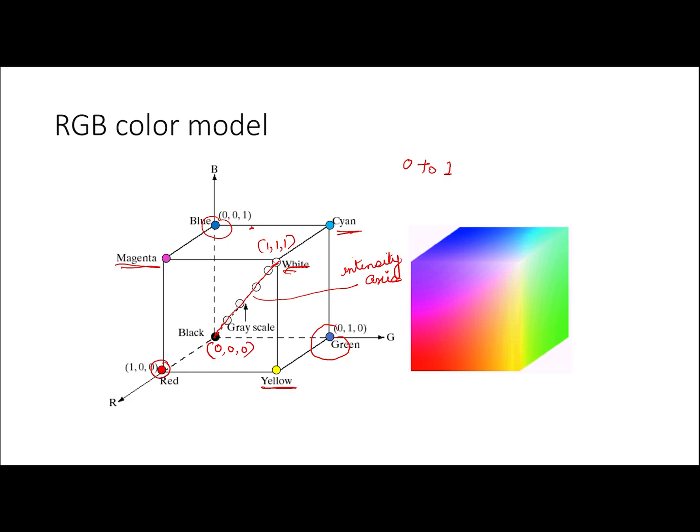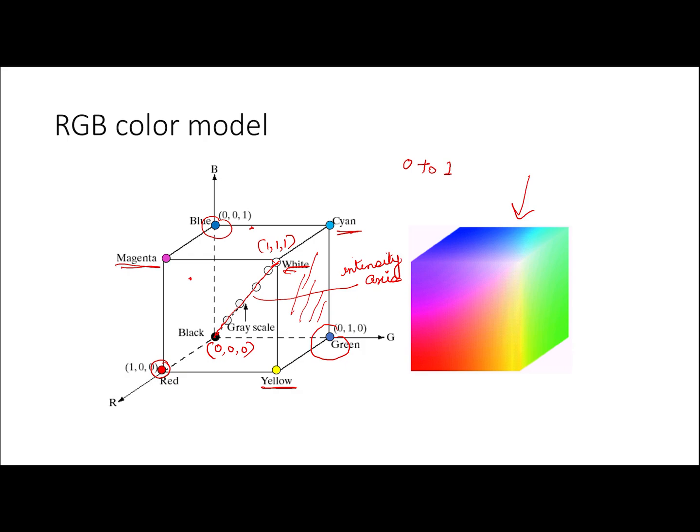Now, given a specific color having some proportions of red, green and blue, that color will be represented by a single point in this unit cube in a normalized form. If we look at the different color shades on the different faces of this color cube, the shades will appear like this.